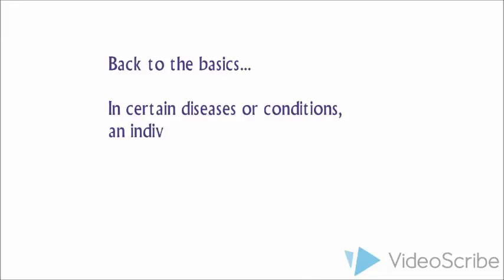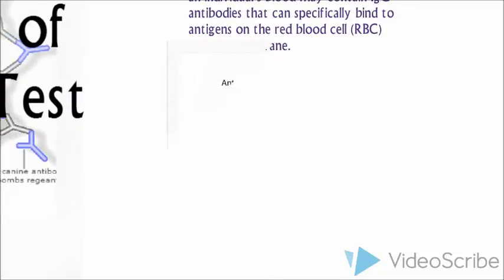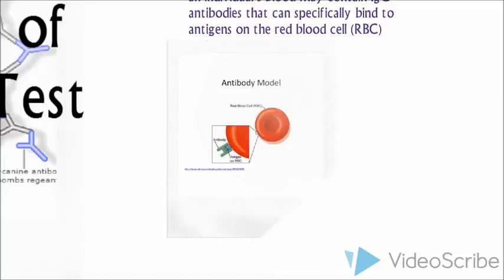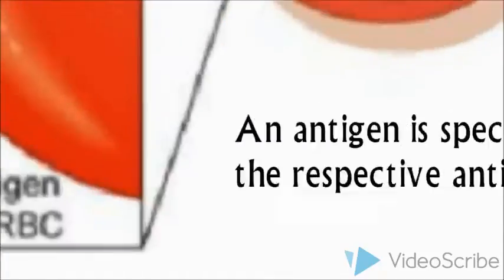Before we move on, let's look back to the basics. In a certain disease or condition, an individual's blood may contain IgG antibodies that can specifically bind to the antigens present on the red blood cells. This means that an antigen will be specifically bound by its respective antibody.